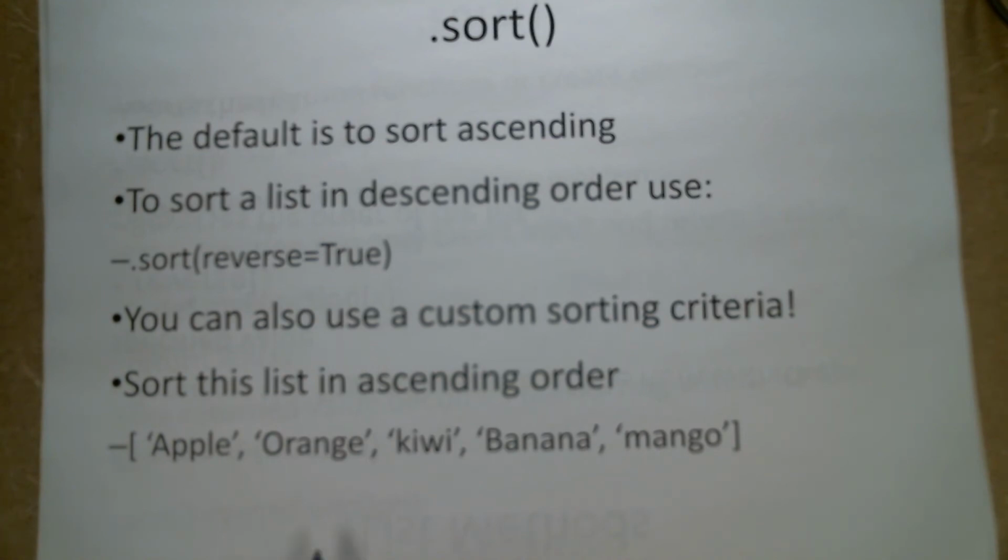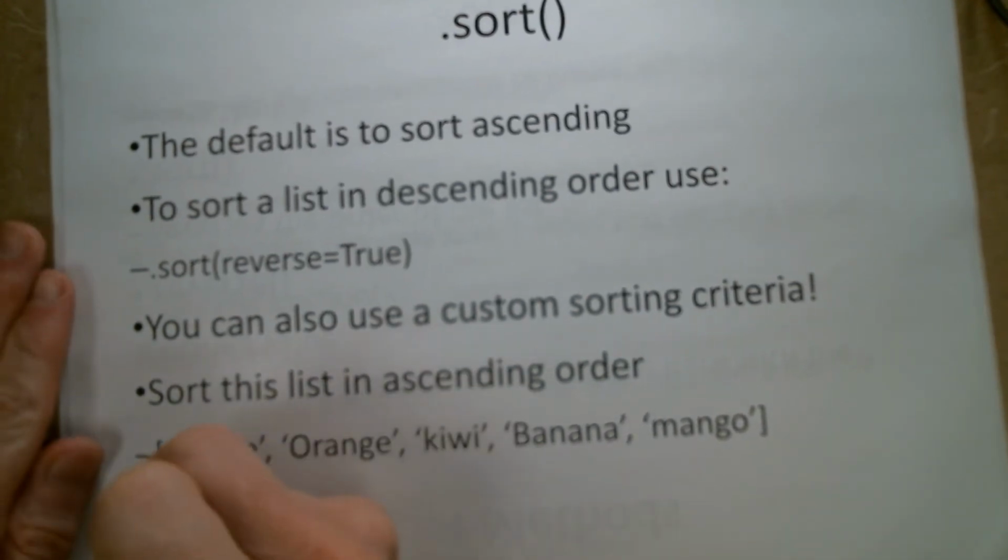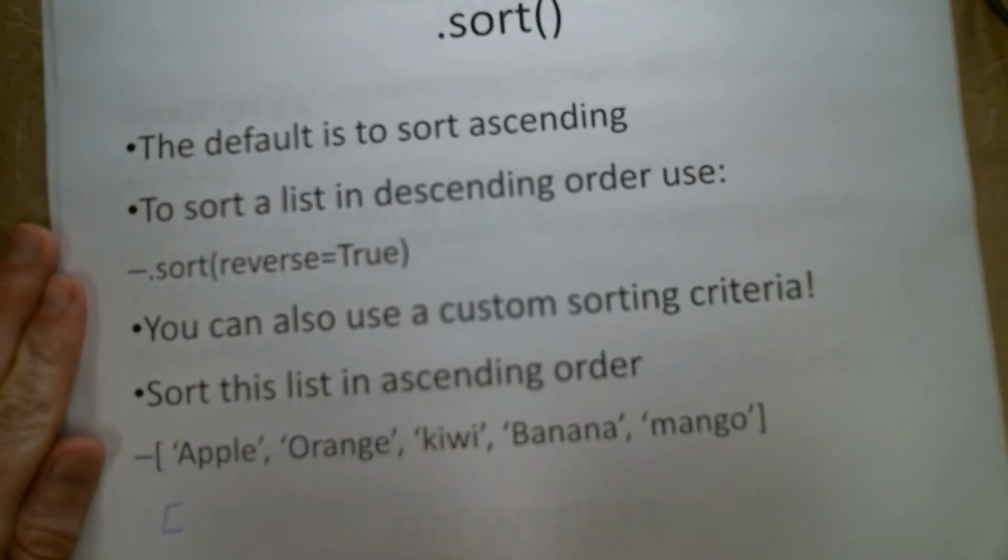Well, if you sort this list in ascending order, most people would say, okay, it goes apple, banana, kiwi, mango, orange. However, if you sort it in Python, it will actually go like this.